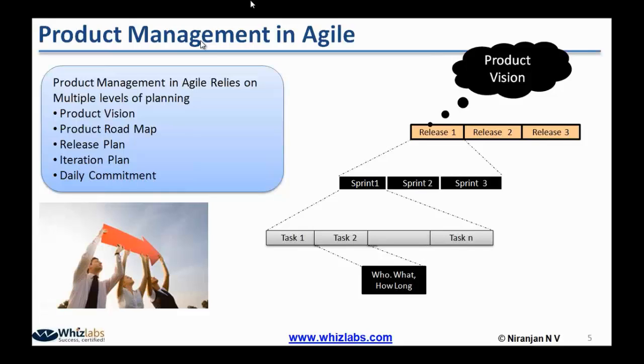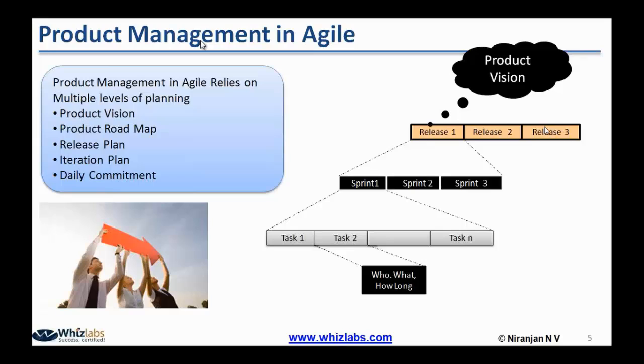Normally the product management in Agile relies on multiple levels of planning. First, someone gets a product idea, and using that idea, the vision of the product will be clearly defined. Once a product vision is defined, it will be defined in the form of a product roadmap, which will have multiple releases.